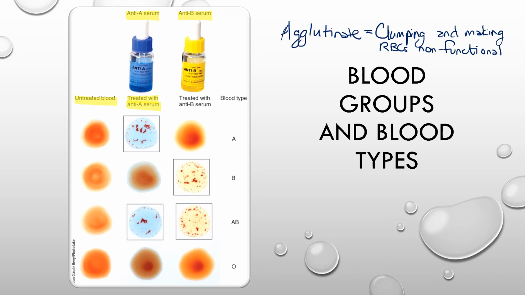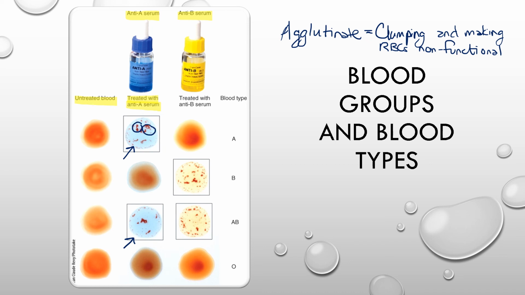So when we mix a drop of blood with the anti-A serum, if there are red blood cells that have A antigens on them, the anti-A antibodies will react with them and clump together with the red blood cells. So that's what we see with this reaction and this reaction. They're all clumped together. You can see these clumps of red blood cells.